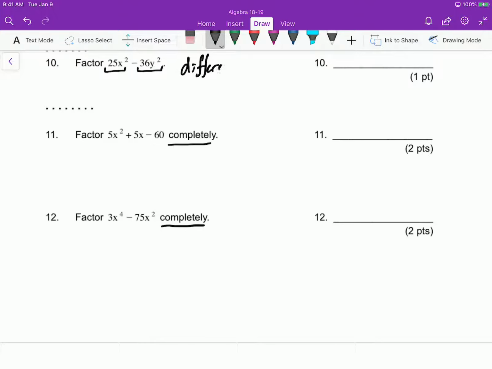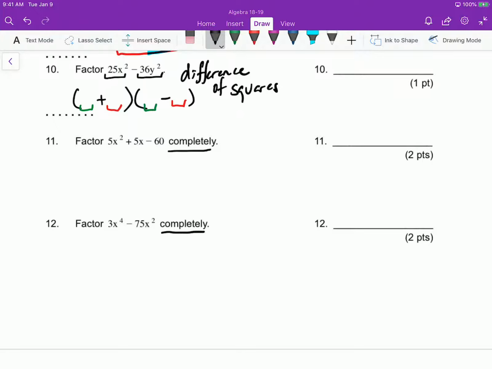That means there's 2 items, and the only way that works is if we do something called the difference of squares. When we have the difference of squares, we automatically know it's going to be a positive and negative of the same pieces. It's got to be the same thing here and the same thing here automatically, because that's the only way our outers and inners could cancel with each other.